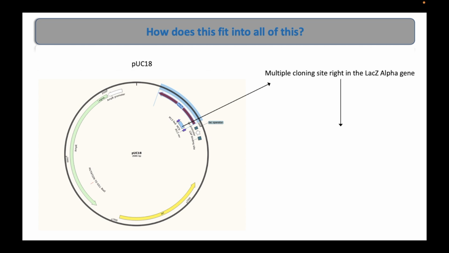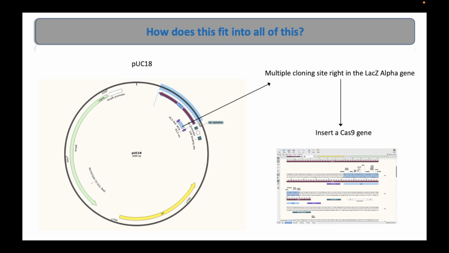Because it has that multiple cloning site, let's say for example that I would like to insert a gene into the multiple cloning site through your typical restriction ligation reaction. Of course, you can use blue-white screening for Golden Gate assemblies and MoClo standards and so on, but for the sake of simplicity, let's say I want to introduce a Cas9 gene right here in the multiple cloning site. So it gets expressed, so I can do a CRISPR, do a genome modification in bacteria later on.